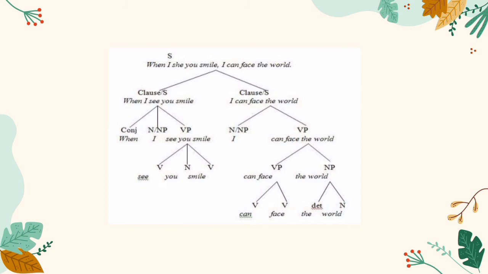The first clause is divided into conjunction, noun or noun phrase, and verb phrase. The second clause is divided into noun or noun phrase and verb phrase. Then the verb phrase in the first clause is divided into verb, noun, and verb. The verb phrase in the second clause is divided into determiner and noun.